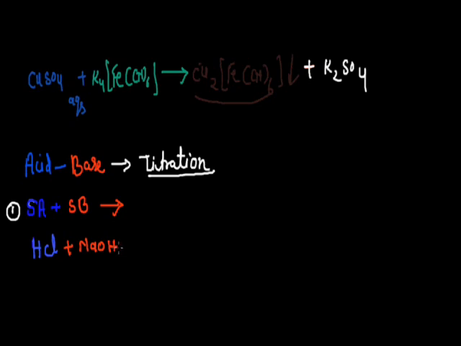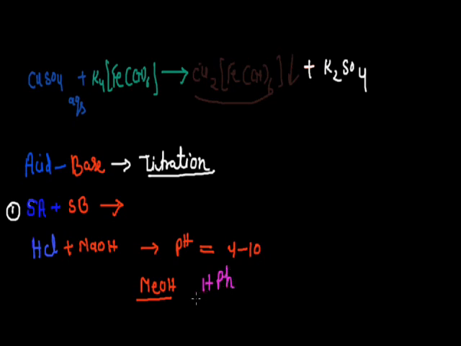In this titration the equivalence point lies in the pH range of 4 to 10. So we can use any indicator like simple methyl orange, that we already discussed, or phenolphthalein that gives pink color in basic medium, that is HPH.